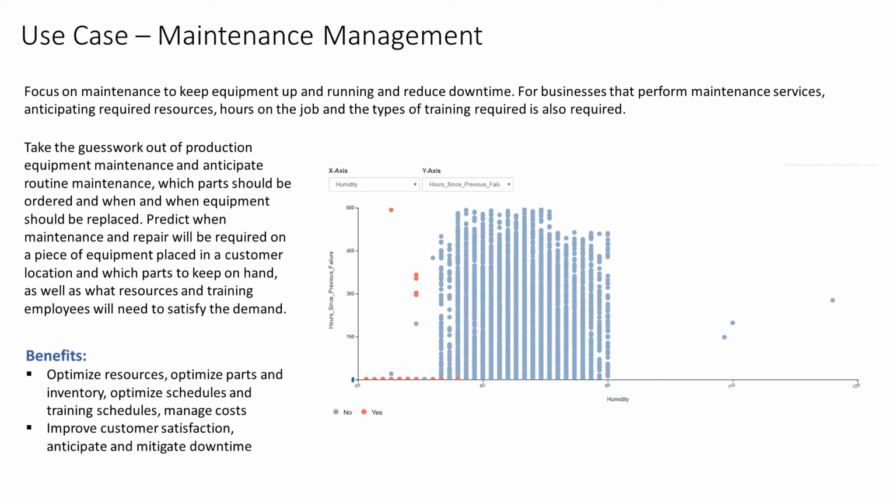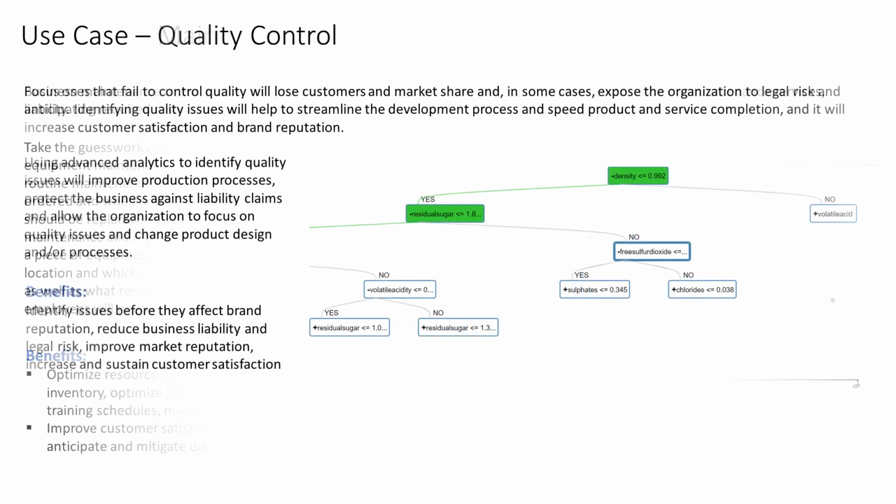This type of analysis allows the business to take the guesswork out of maintenance and schedule maintenance tasks appropriately. In so doing, the enterprise can optimize resources, parts, inventory, and schedules to improve customer satisfaction and to manage costs. For a use case of this nature, you might want to use a forecasting technique like Holt-Winters.